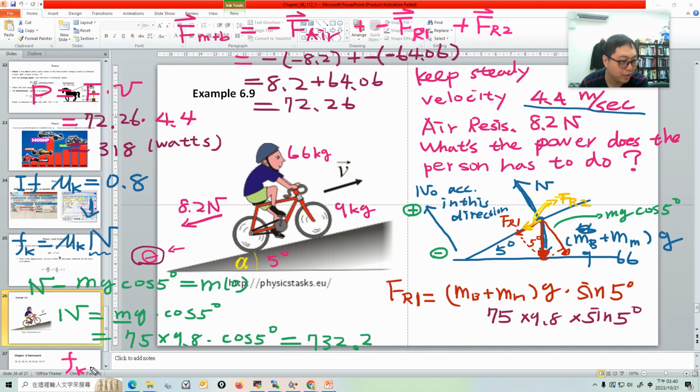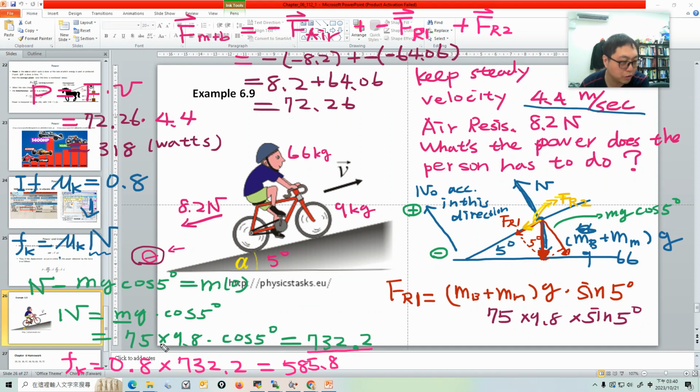So Fk is equal to 0.8 times 732.2, which is 585.8.